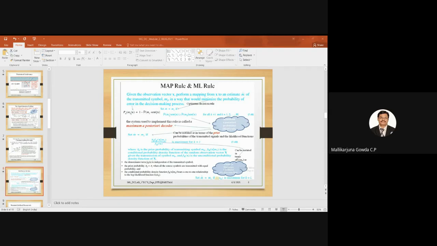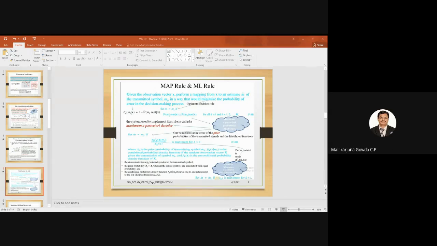Are you able to understand what I'm saying? I can denote this entire term by p suffix c. That p suffix c is the average probability of correct decision.